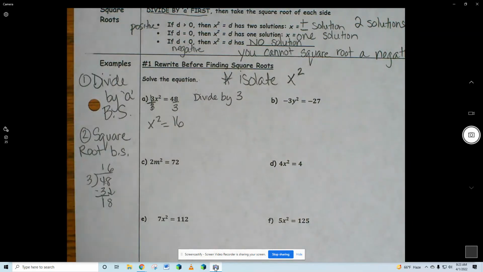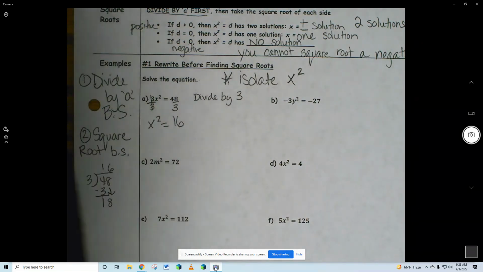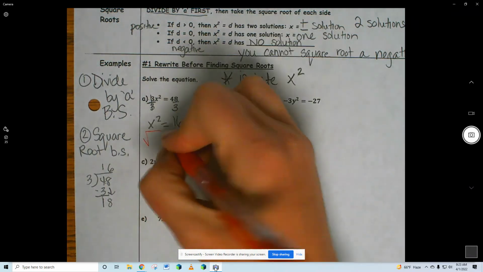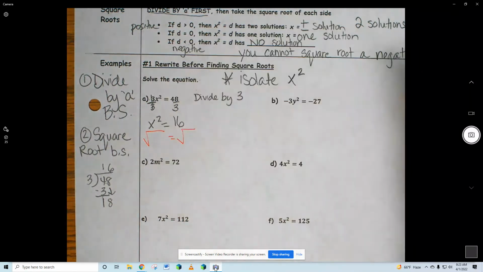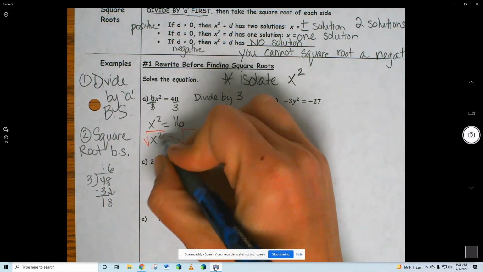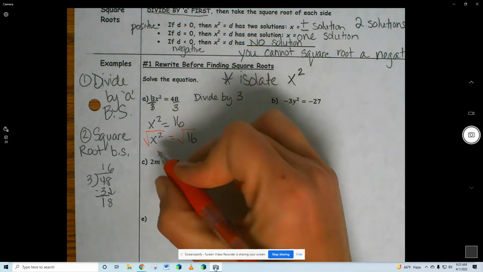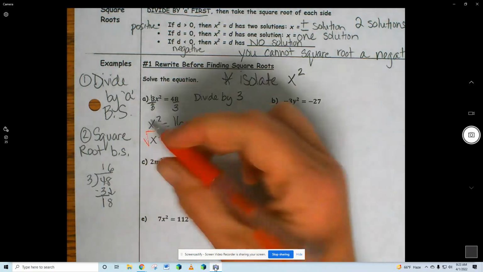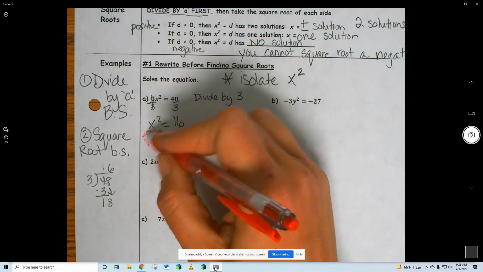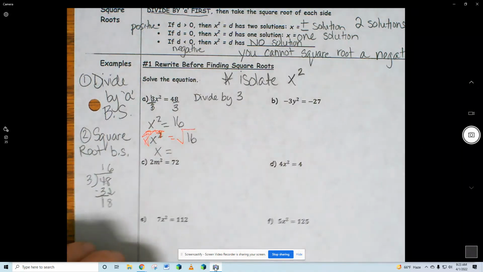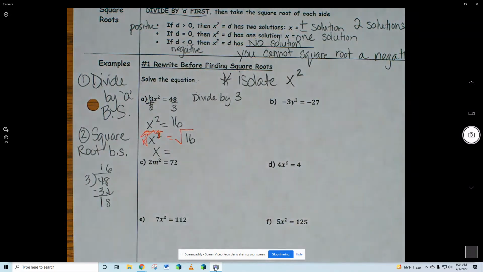Now, square root both sides. And the square root and the squared end up canceling each other. But what numbers could I plug in to get a 16? What times what makes positive 16? 4.